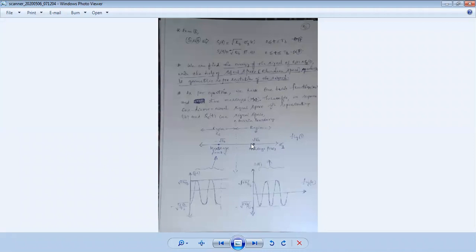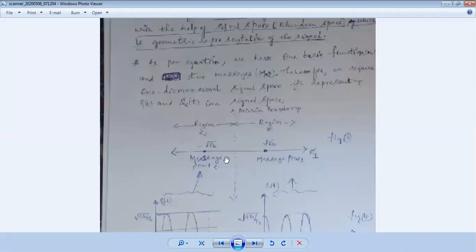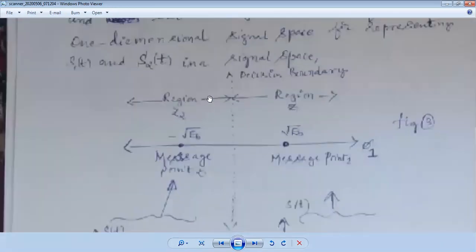If it falls in this region, that is region 2, the deduced signal is 0. So S2(t) is the representation for 0, and S1(t) is the representation of the binary signal in the positive phase, whereas S2 is in the minus phase.